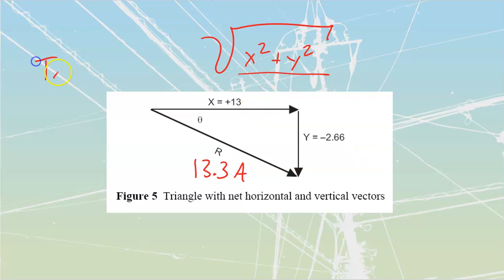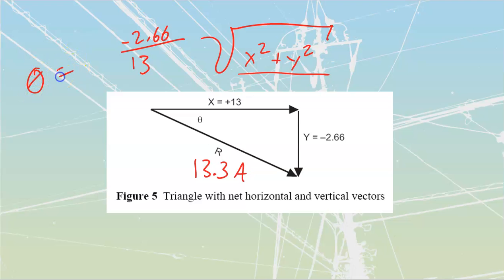I know that the tangent of theta is going to be equal to my opposite, negative 2.66, over top of my adjacent, which is going to be a value of 13. That would get me to tan theta. If I want to move this tan and just leave the angle on itself, I'm going to have to get rid of the tan over here and insert an inverse tan on the other side.